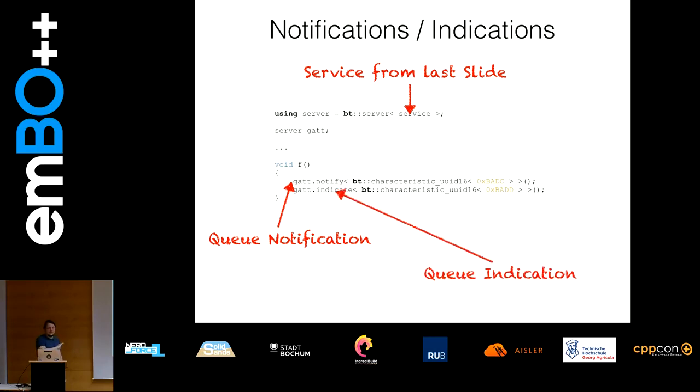So that is a short overview of the main features of the library. There are other means to bind values. There is support for control points, for example. There are means to configure your advertising data.